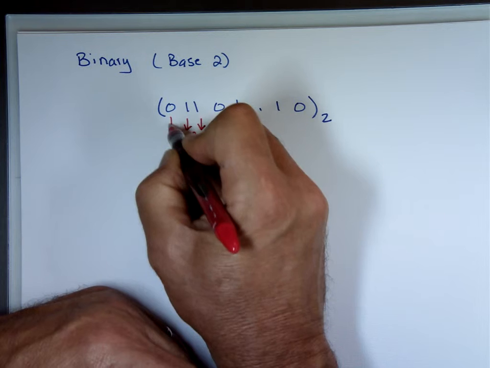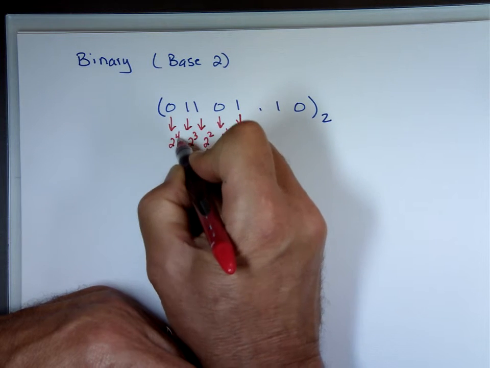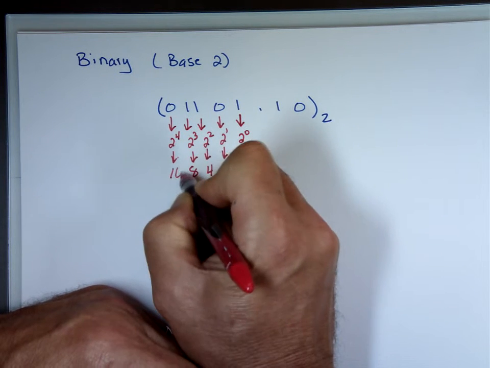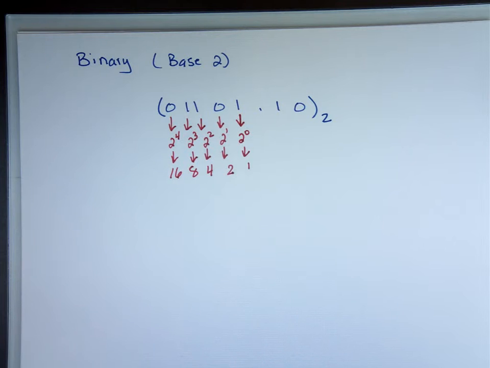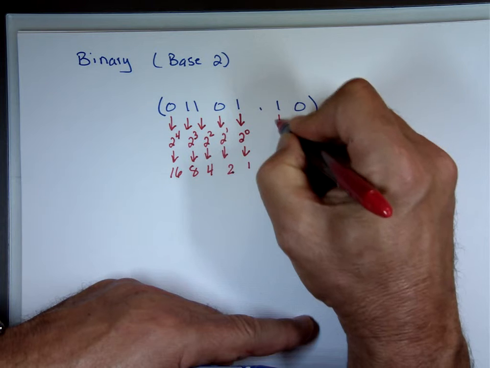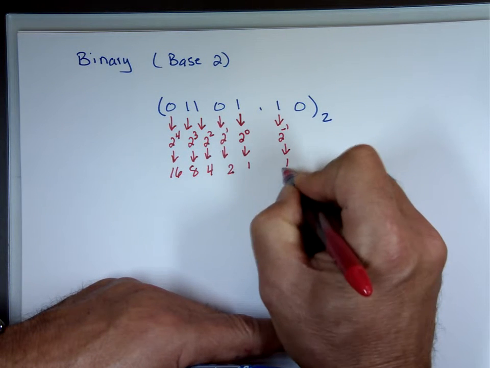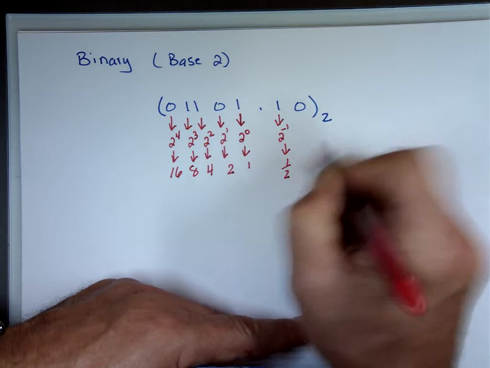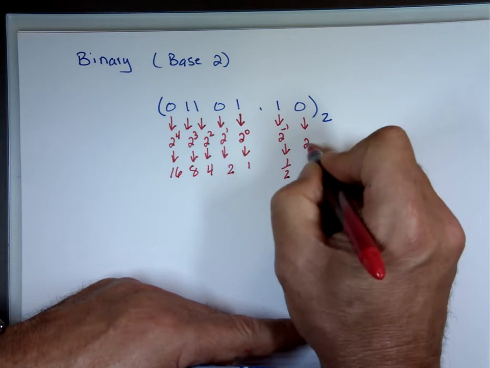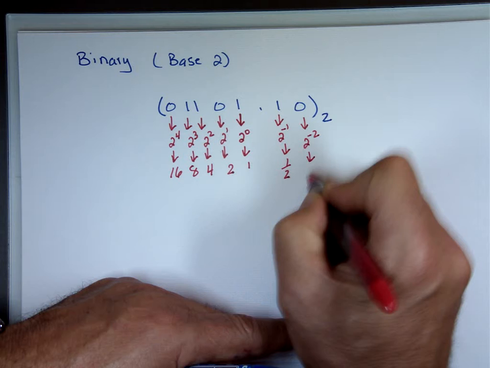And the weight of this is 2 to the 4th, which is 16. The weight of this is what? 2 to the negative 1, which is what? 1/2. And the weight of this, 2 to the negative 2, which is 1/4.